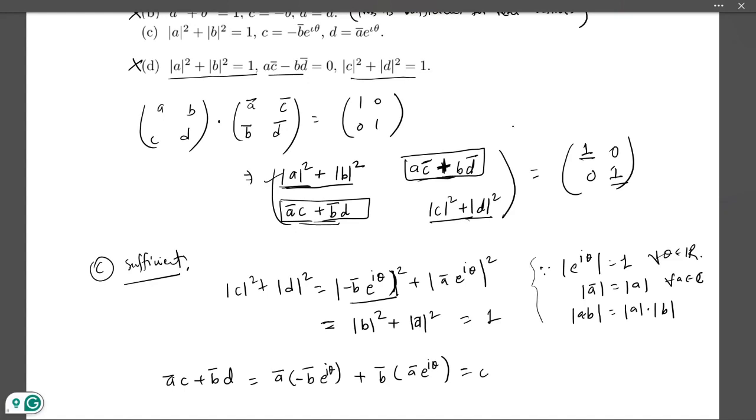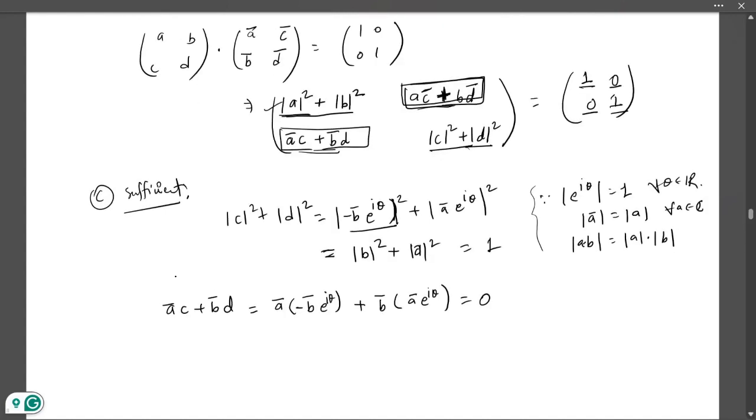So this is minus A bar B bar e power i theta plus A bar B bar e power i theta. So this is zero, right? A similar thing will follow for the other entry, the 1 2 entry. Okay, so this is zero, this is zero. Done. This is sufficient, right? And if it is necessary, this will also follow, but let me leave this as an exercise.